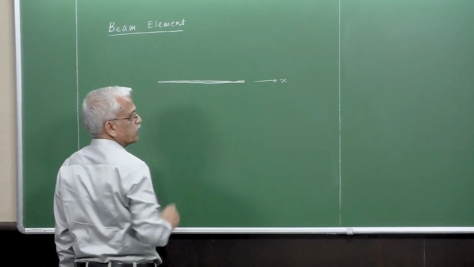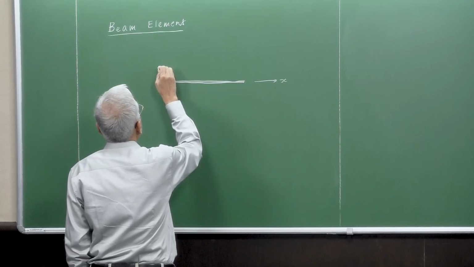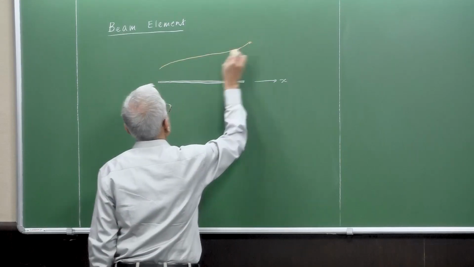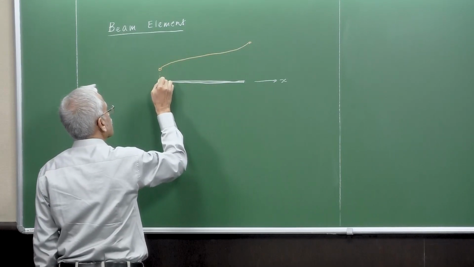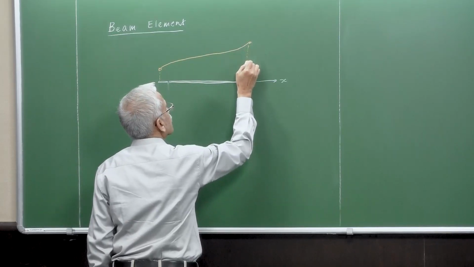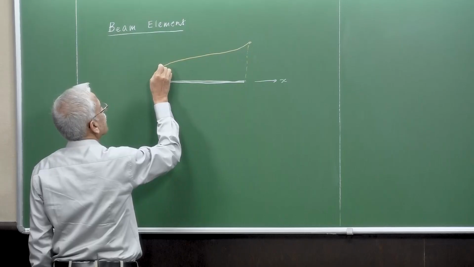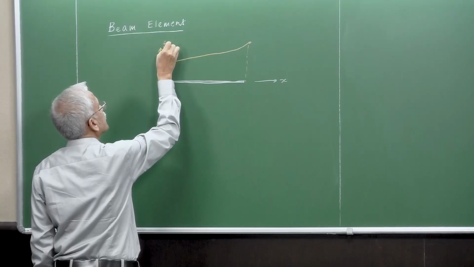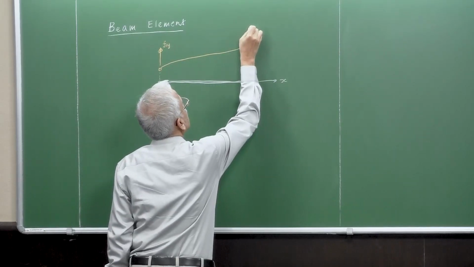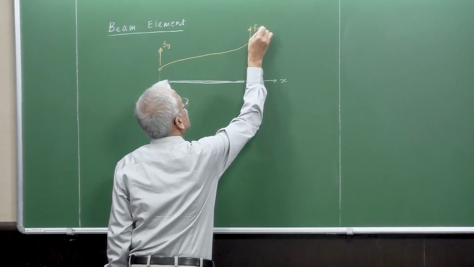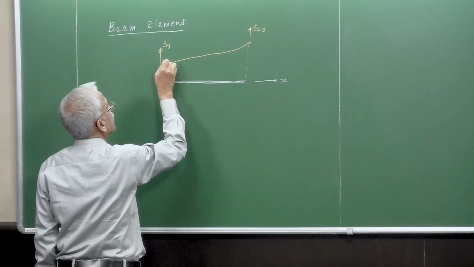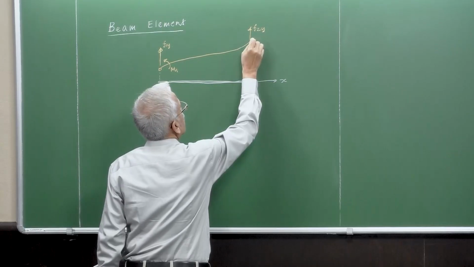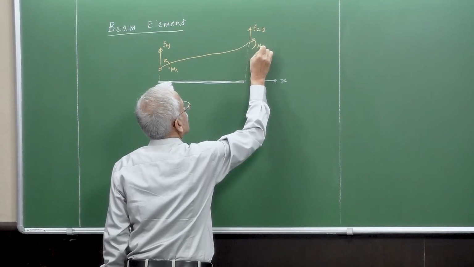The way we show it together with the slope is that this is going to undergo, this is exaggerated of course, and it is acted upon by F1y, F2y together with M1, M2.